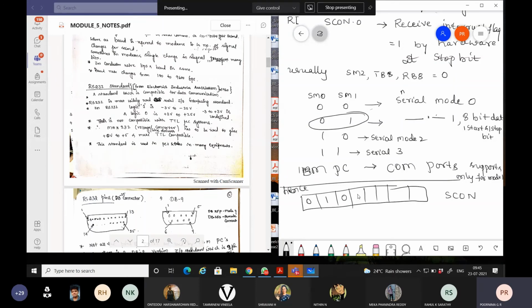No, for transmission it should be 0. Then TB8 0, RB8 0, TI 0, and RI also 0. What is its equivalent value? It is 40H, so that should be loaded onto the SCON register.